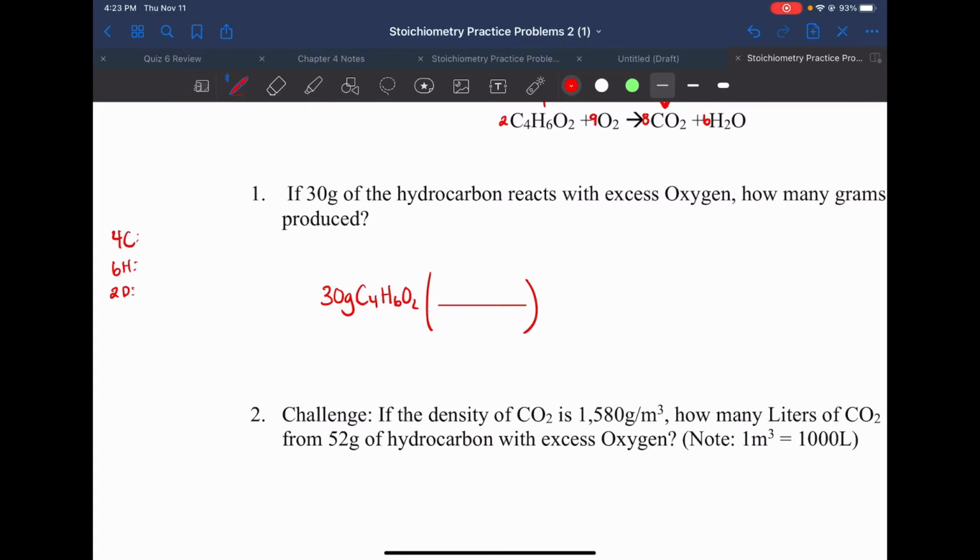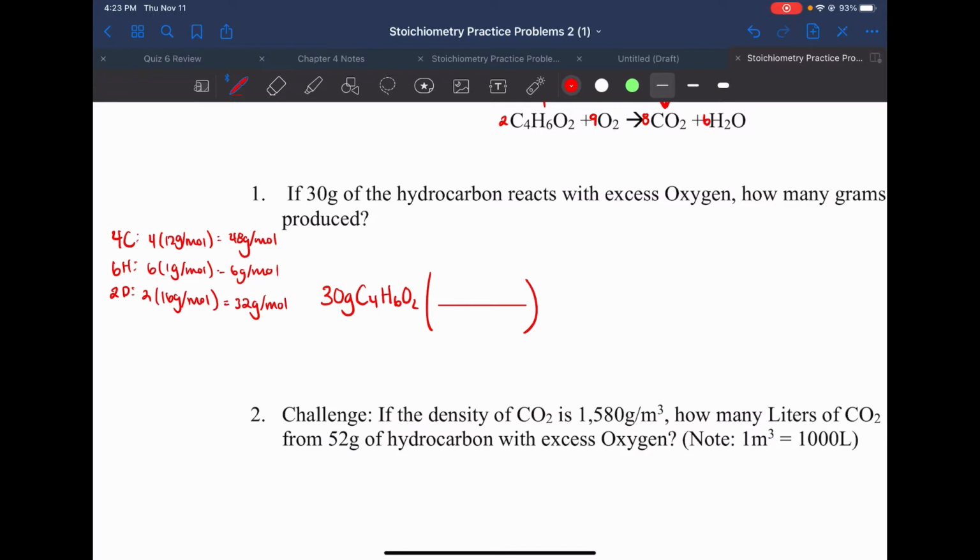So 4 carbons, that's 4 times 12 grams per mole. Again, we get this from the periodic table. 6 times 1 gram per mole, and 2 times 16 grams per mole, which gives us 48, 6, and 32.